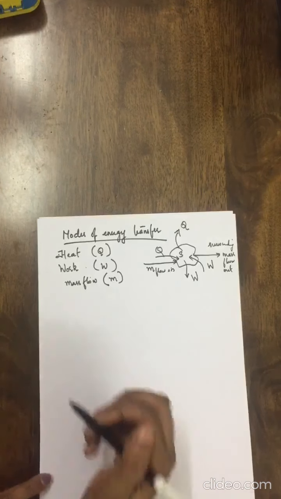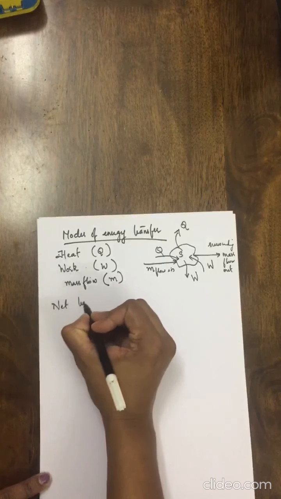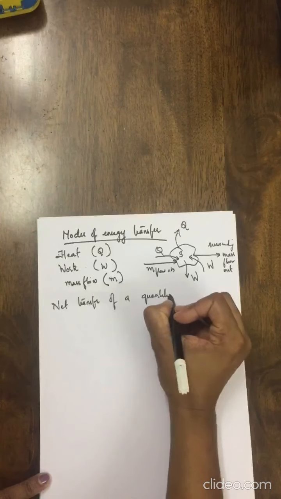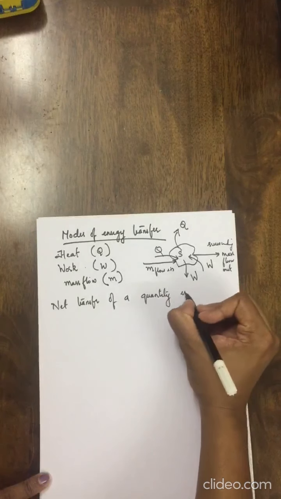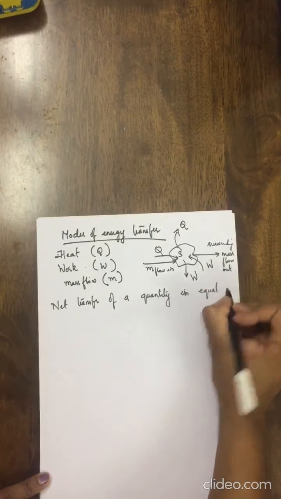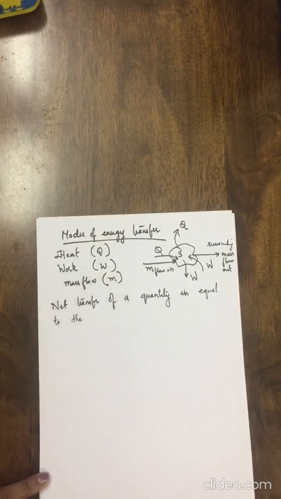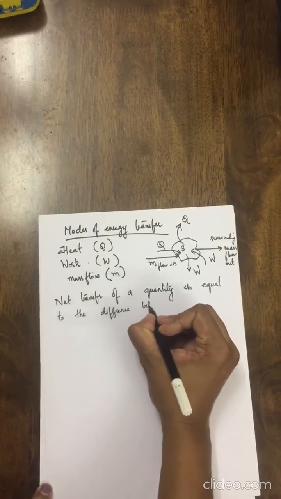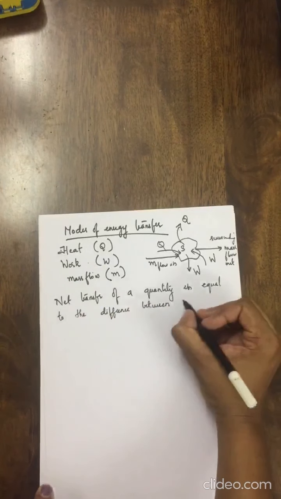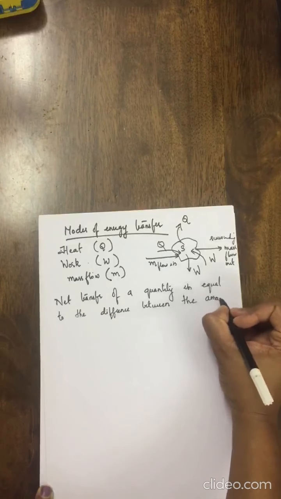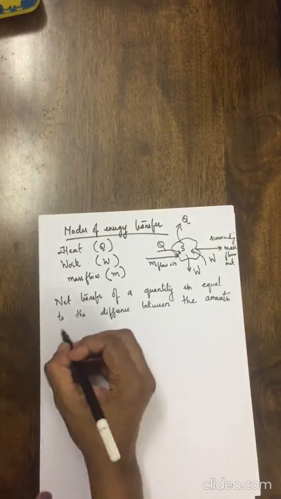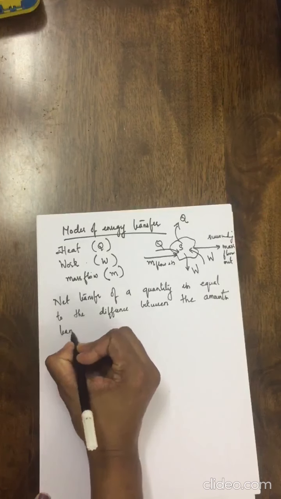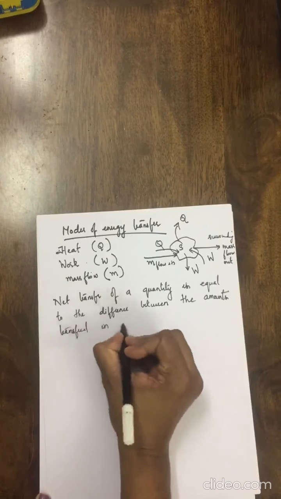So the net transfer of a quantity is equal to the difference between the amounts of each energy transfer mode, the amounts transferred in and out.